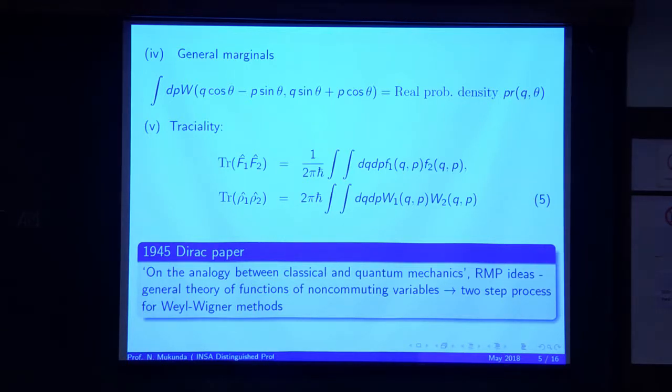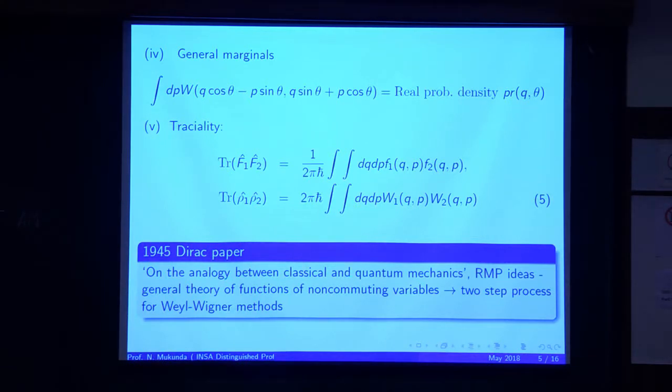Okay. So one useful idea of Dirac from this period is what we would like to explore and exploit. This is a paper he wrote in 1945 in the Reviews of Modern Physics, and it was to celebrate Niels Bohr's 60th birthday. And this is what the title was, On the Analogy Between Classical and Quantum Mechanics.